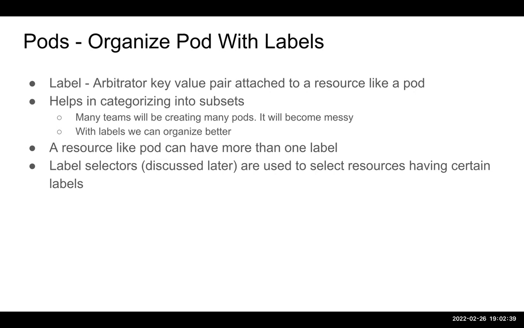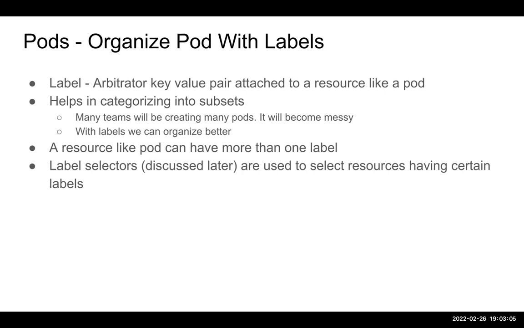Each team wants to have their own application deployed on the cluster. In a reasonably sized company there are around 1,000 to 2,000 applications, and that many pods will be created. Each application might get more than one pod also. So when I say kubectl get pods, you might get thousands of pods, and every time you have to look for your pod and do something.